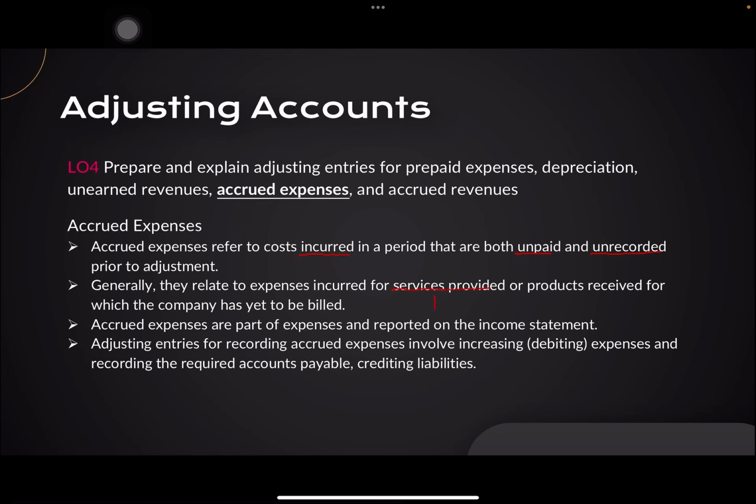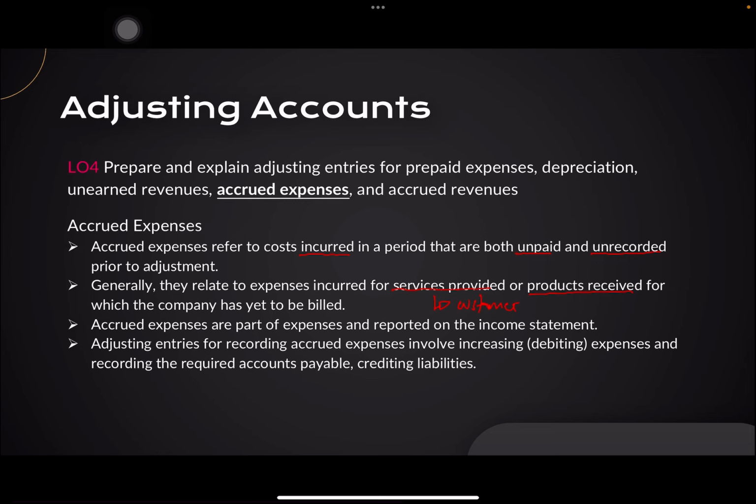Okay? In this case, you are the customer. The services that the seller provided to you, or the products that you received from the seller. Okay, so you must have obtained these services already, or you must have received these products already physically.